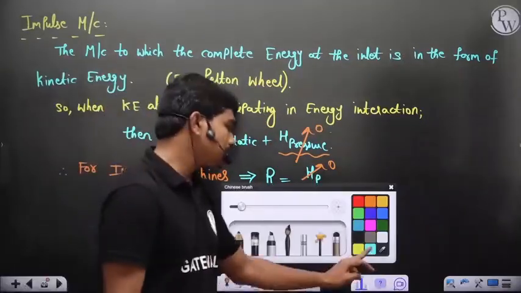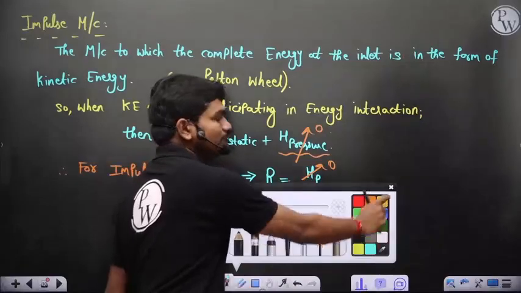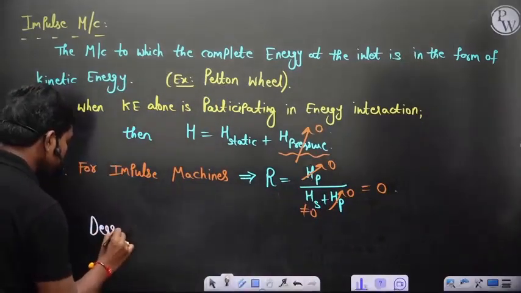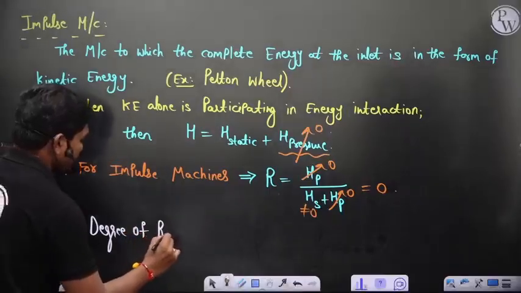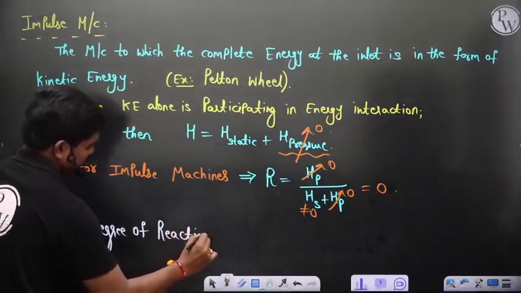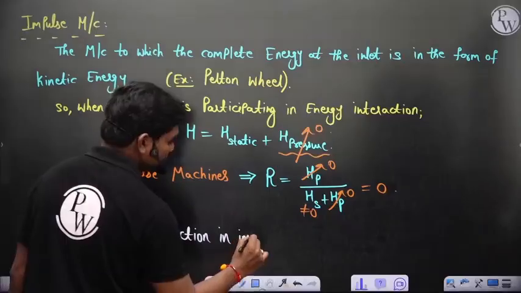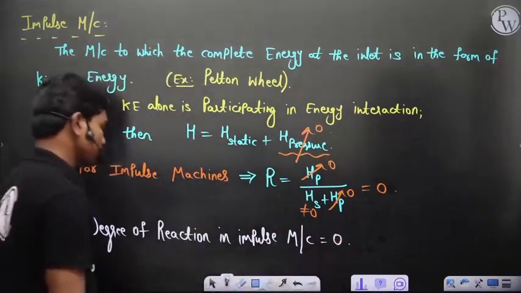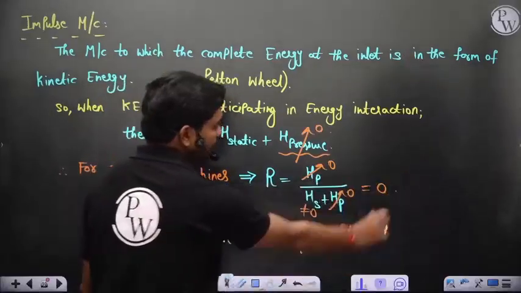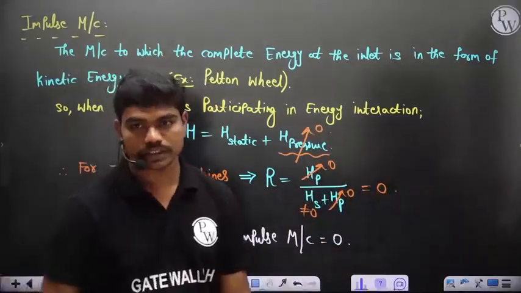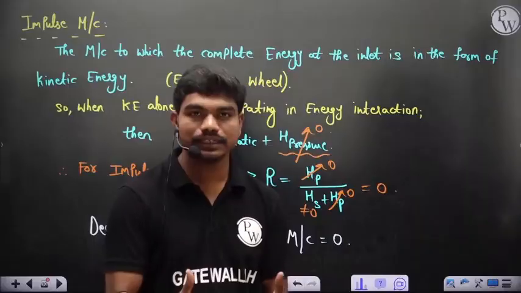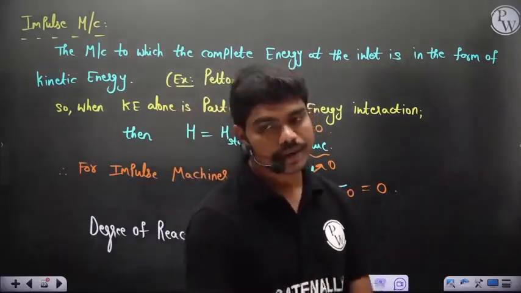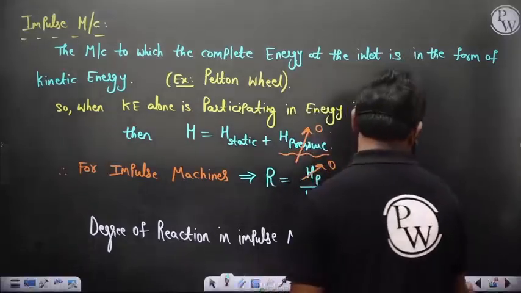So the degree of reaction in impulse machines is 0, of course. Example, like the Pelton wheel. In the case of the Pelton wheel, there is no degree of reaction. Degree of reaction is basically the extent to which the pressure energy plays a role in the machine. That's all.